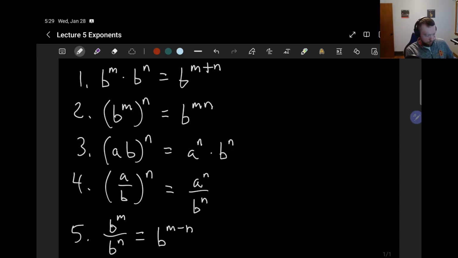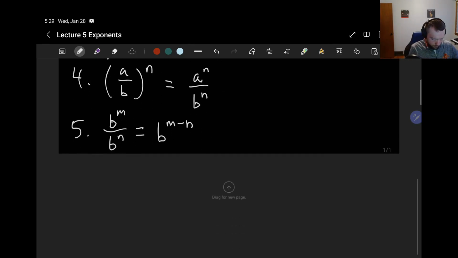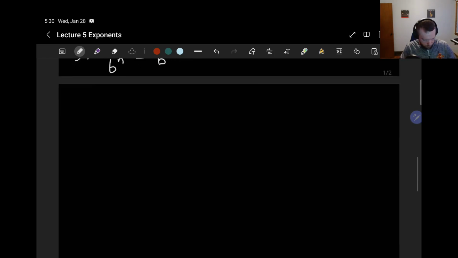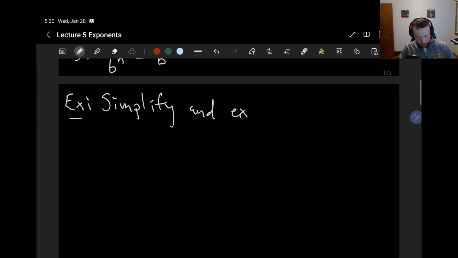Now let's do some examples. We're going to take the following, simplify, and express using positive exponents only.